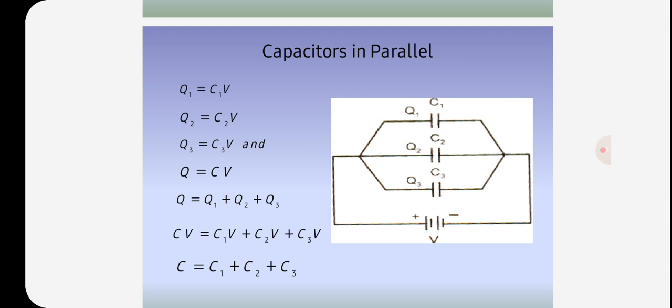If three capacitors are connected in parallel, then n is equal to 3, C equivalent is equal to C1 plus C2 plus C3. This formula can be directly used hereafter when three capacitors are in parallel.